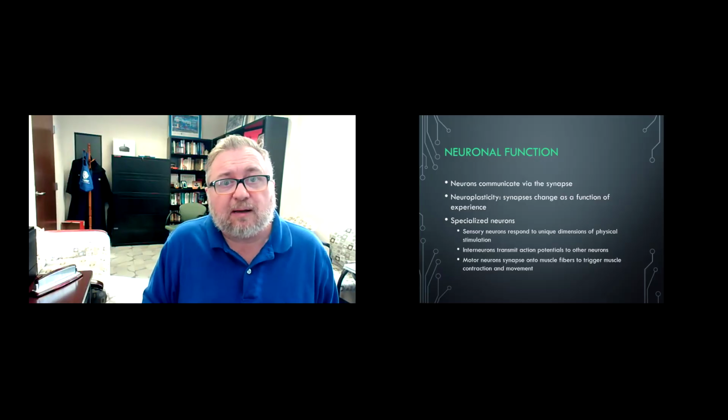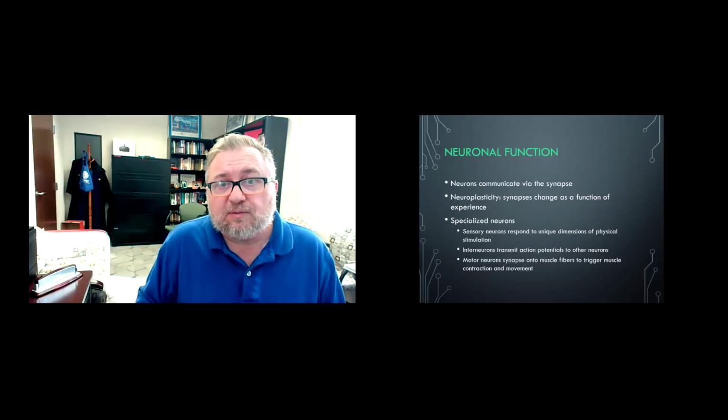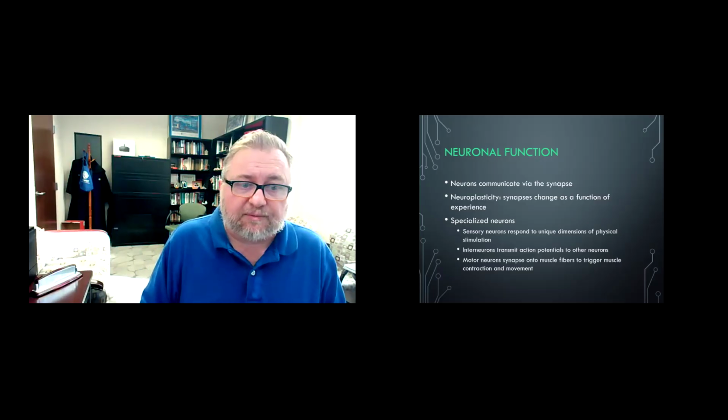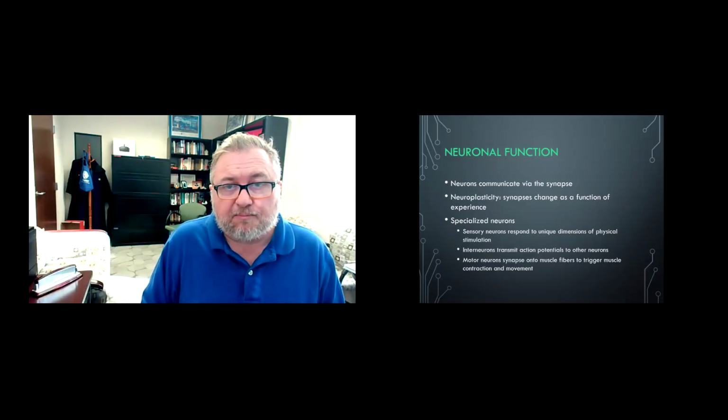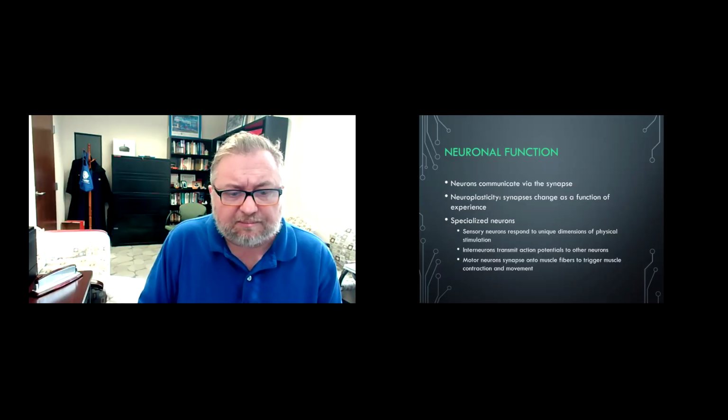Their axons will synapse directly onto muscle fibers. And so when the neurotransmitter is released at what's called the neuromuscular junction, that neurotransmitter then triggers muscle contraction. So it's important to realize here how the muscle fibers themselves are directly connected to the nervous system.